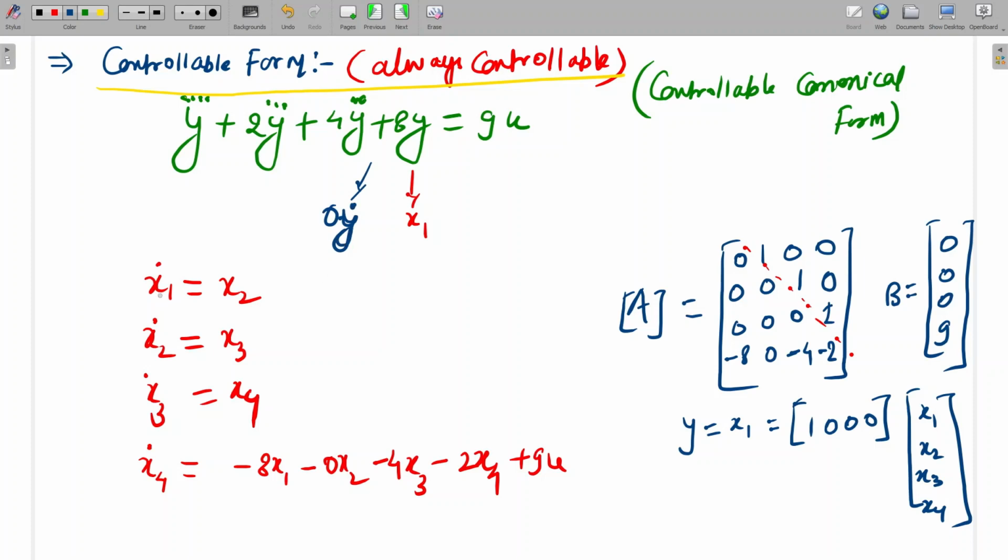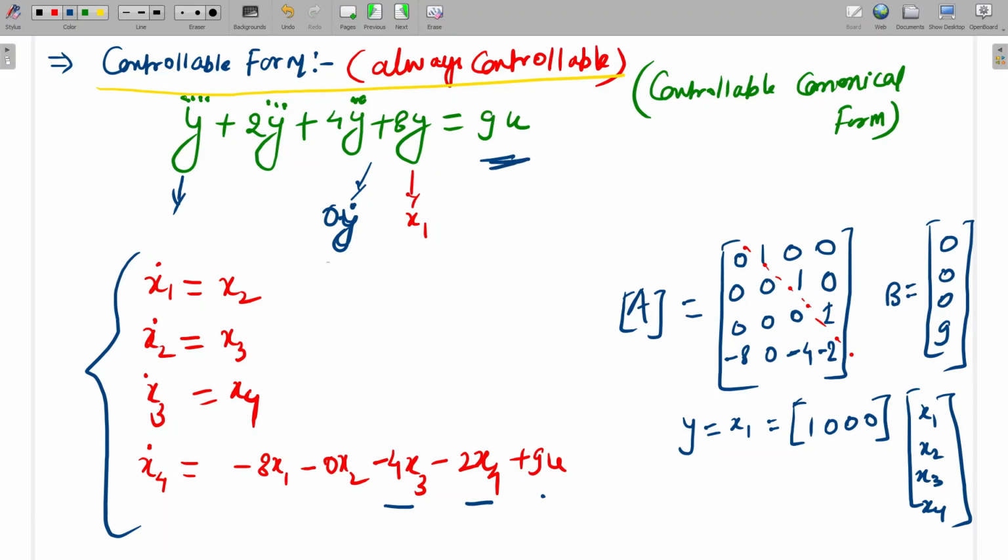Similarly, I assume x2 dot is equal to x3 and x3 dot is equal to x4. Now this term will be x4 dot. So x4 dot equals minus 8x1, minus 0x2, minus 4x3, minus 2x4, plus 9u. Like this, we can derive the ABCD matrices from this equation.